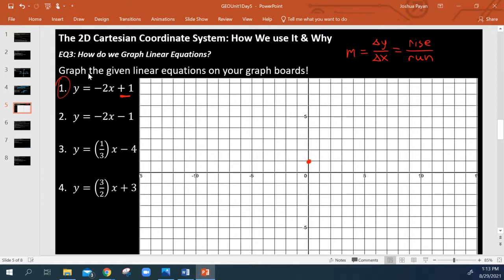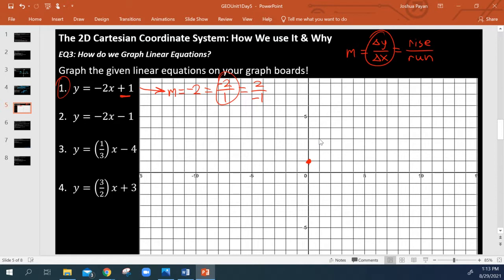Okay? So we're going to start at y equals plus 1, and then our slope here, in this case, is m equals negative 2. Well, how can I represent it as a ratio of rise to run, of change in y to change in x? Well, I can just say negative 2 over 1, or I can say 2 over negative 1. They both mean negative 2. So I'm going to use this one first.